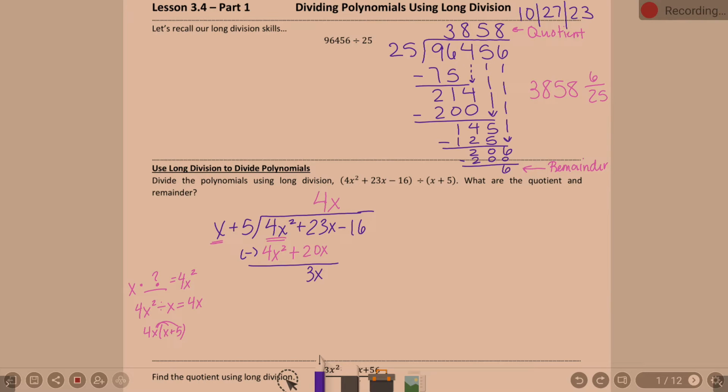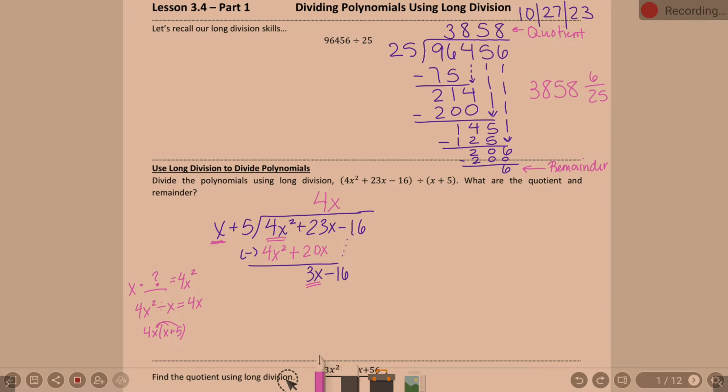Next we bring down the minus 16. Repeat the process. This time, you're asking yourself how many times does x go into 3x?